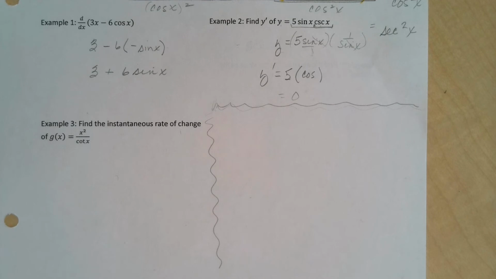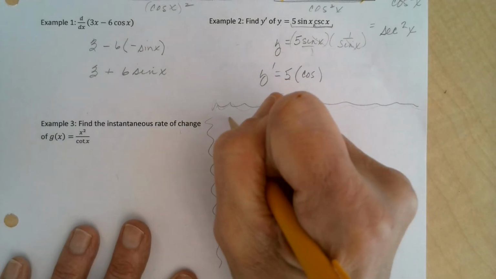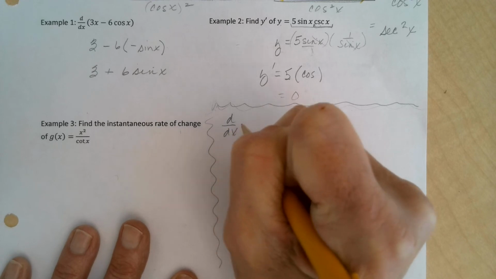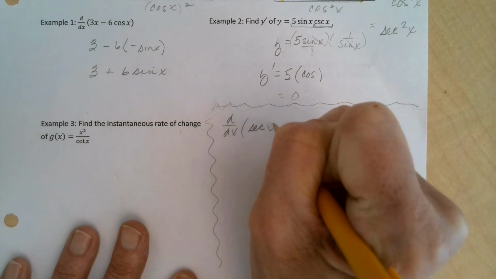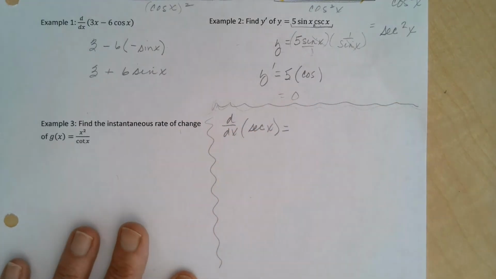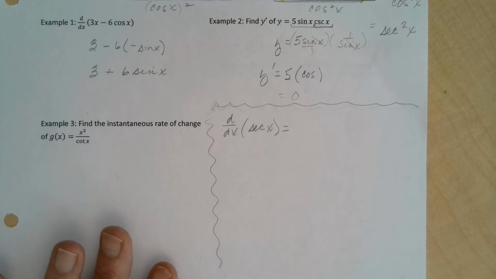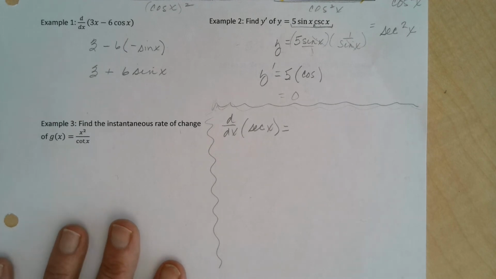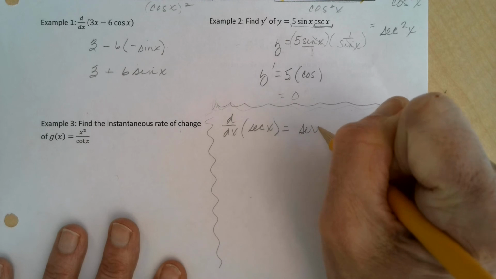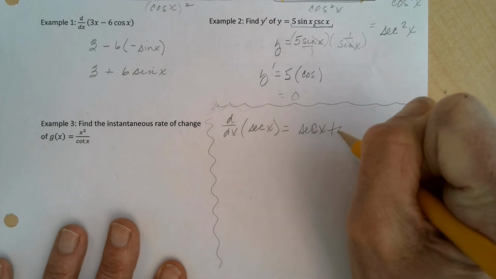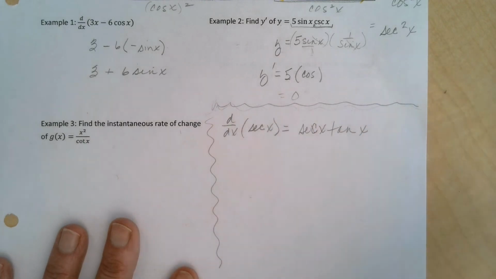We have sine, we have cosine, we have tangent. The derivative of secant of x is always going to be equal to the secant of x times the tangent of x.